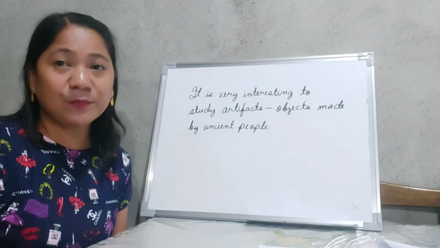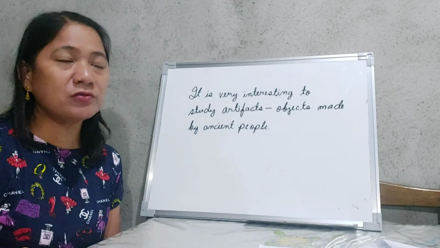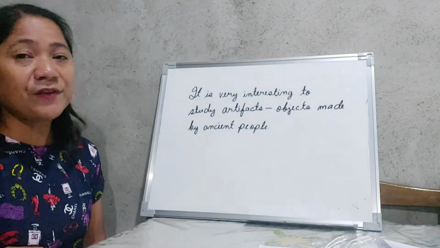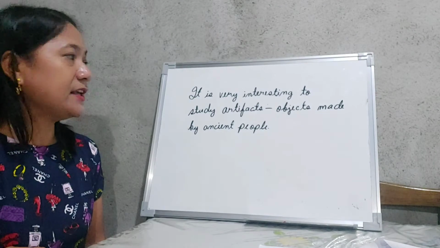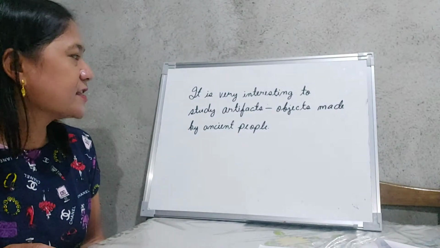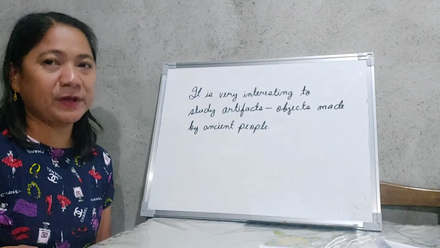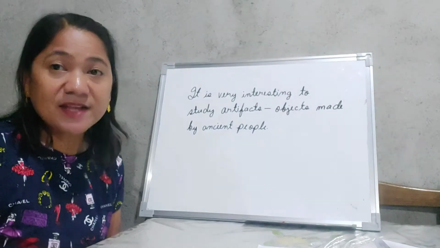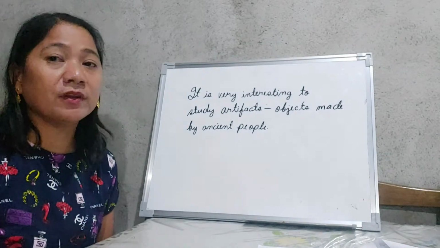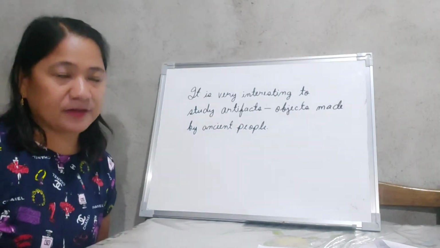And the last example that we have on the definition clue is, it is very interesting to study artifacts, objects made by ancient people. In this sentence, we will find out the meaning of artifacts.